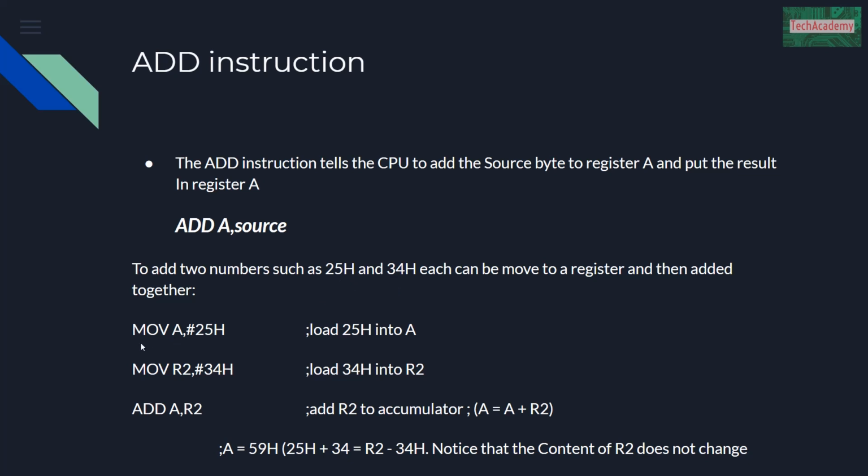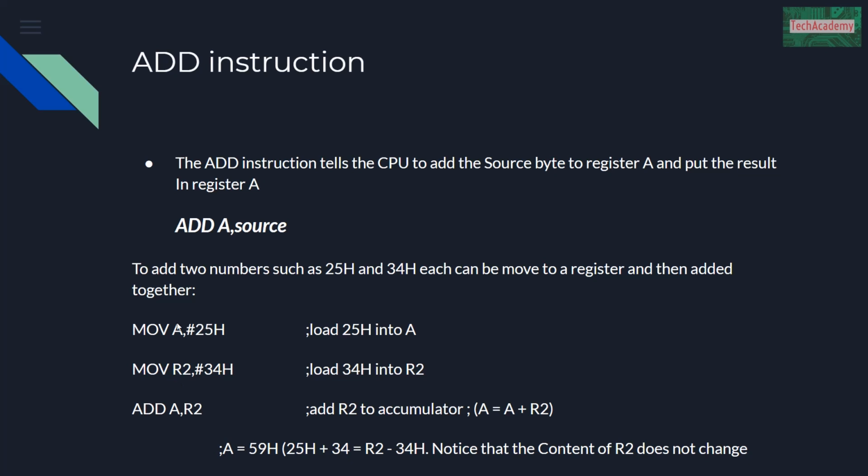Let's say we have written the program like this. First we move 25H into the accumulator, so we have 25H in the accumulator now. Then the next instruction is move R2 comma hash 34H. So the second number which we want to add is now in the R2 register.